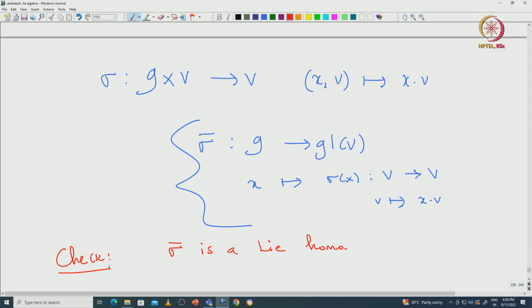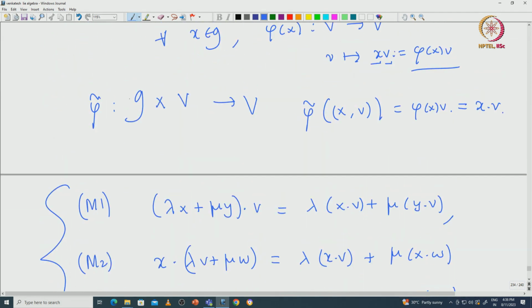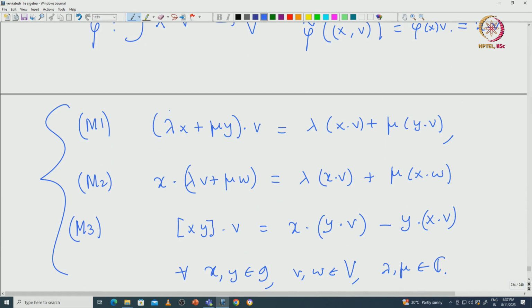Okay. So, in both ways you can actually go from the representation to this, what is called a module, and if you start with this G module, then you can go to the representation.